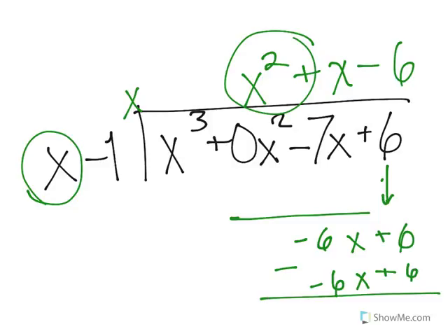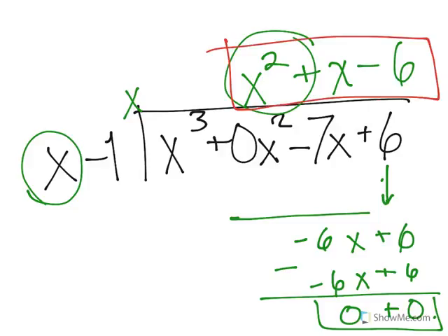And if we subtract these two, we get 0 plus 0. So we find that we have no remainder because here we have 0 at the end. And we find that the other factor of x cubed minus 7x plus 6 is x squared plus x minus 6.